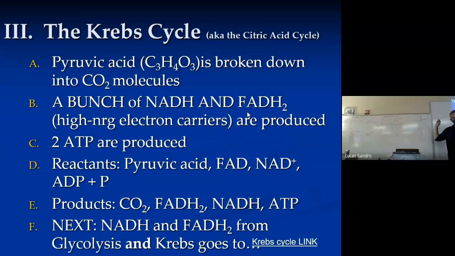When they come out this way, that machine, remember, is built so that it takes ADP and a phosphate, smushes them together, and makes ATP, which is the whole point of this, right? We want ATP, and you get a buttload of ATP from the electron transport chain.